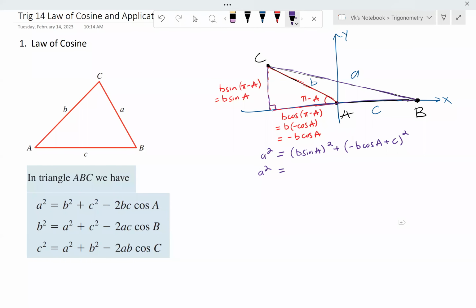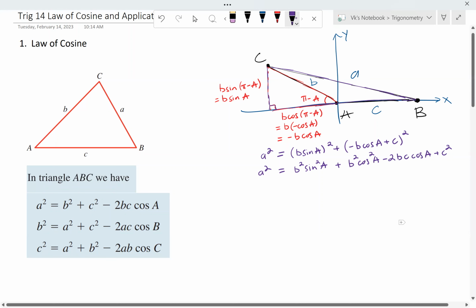So a squared is equal to b squared sine squared A plus b squared cosine squared A minus 2bc cosine A plus c squared.